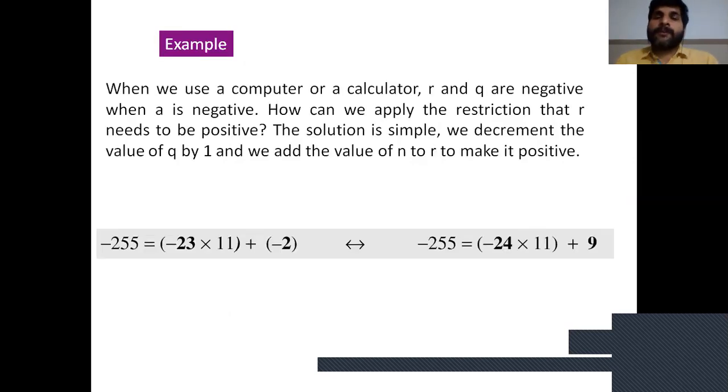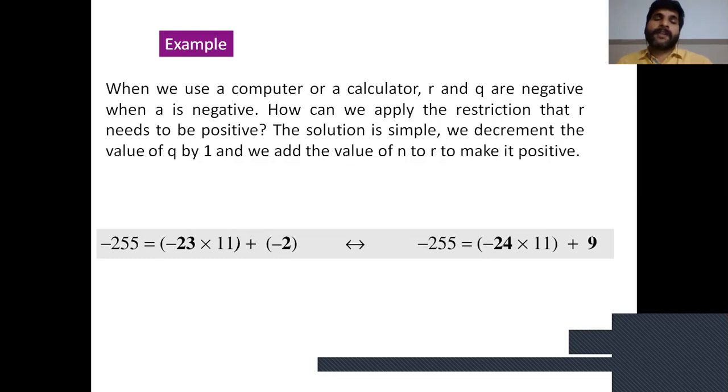When we use a computer or calculator, R and Q are negative when A is negative. How can we apply the restriction that R must be positive? The solution is simple. We decrement the value of Q by 1 and add the value of N to R to make it positive.